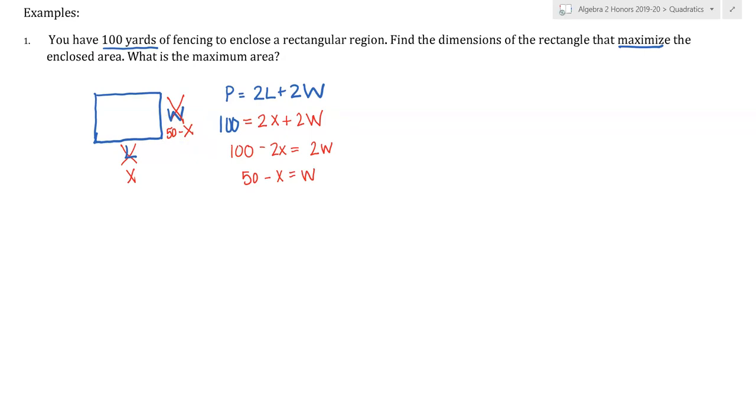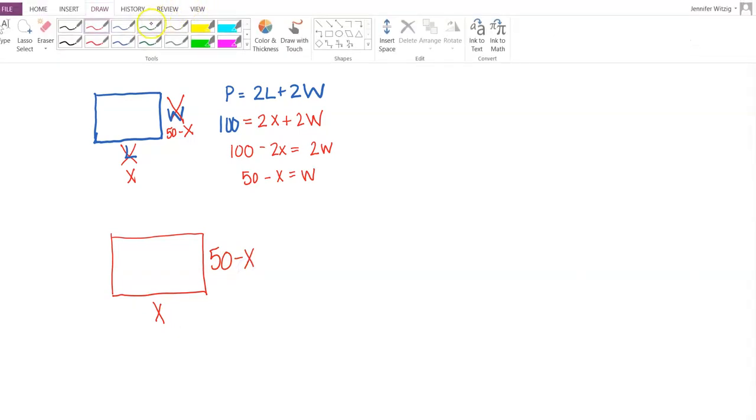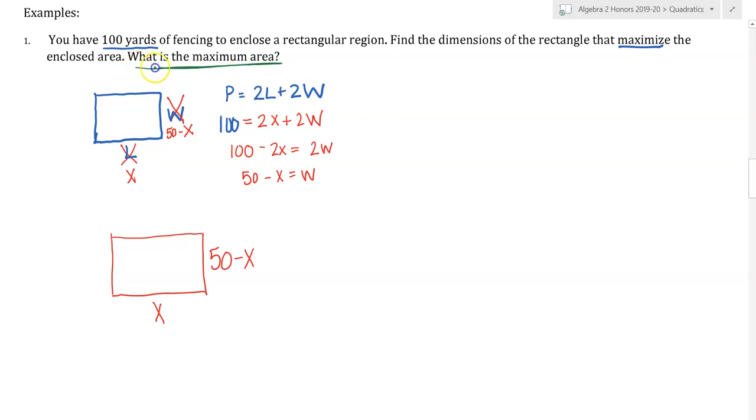I'm just going to rewrite this down here just so that it's more clear as to what we're looking at. Okay, so what we have been asked to do is to maximize the area. We want to know what the maximum area is. If you look at this rectangle, we know that area is length times width.